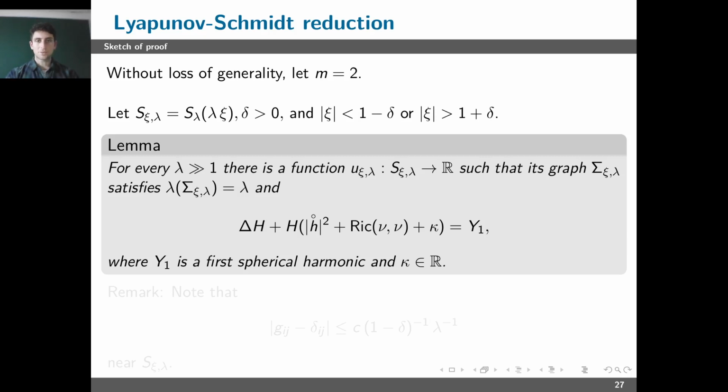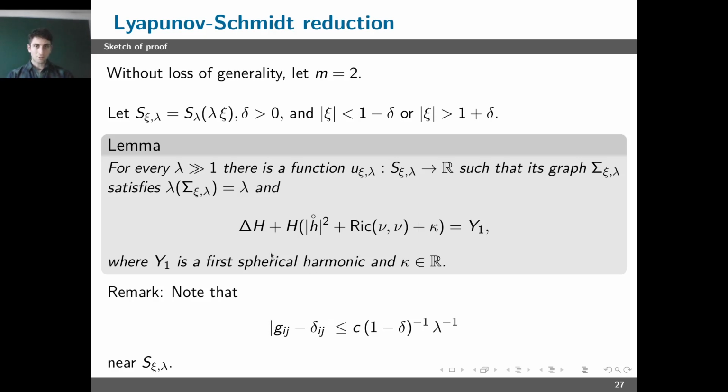Okay, so how do you prove this? This is actually quite simple, because all you need to realize is that under this assumption that |ψ| is uniformly bounded away from 1, the difference of the Euclidean metric and the metric g becomes very small, close to the surface S_{ξ,λ}. Now in Euclidean space, all round spheres are Willmore surfaces, and for this reason you can simply appeal to the implicit function theorem to prove this lemma.